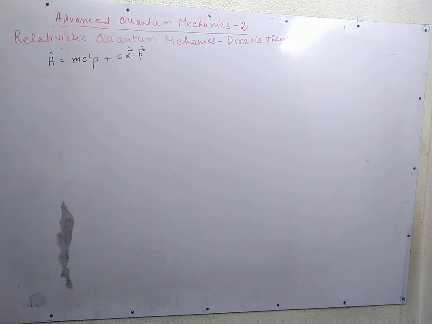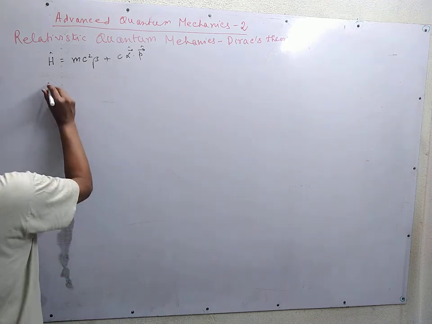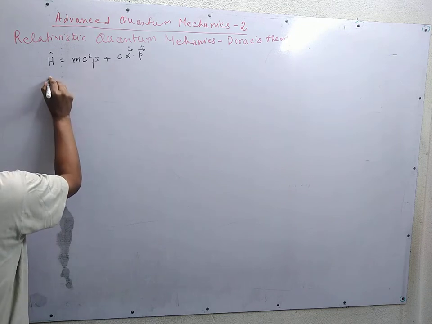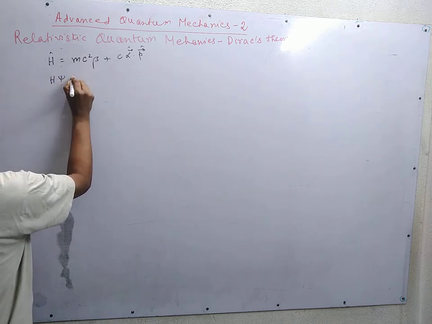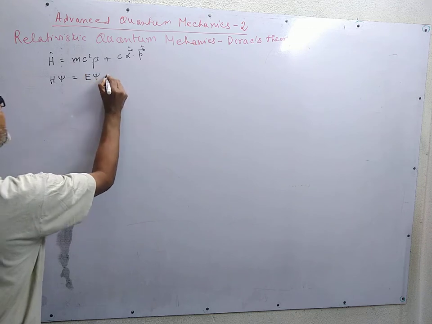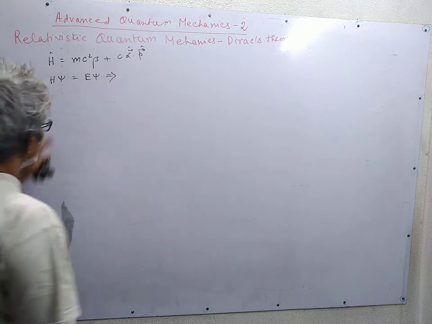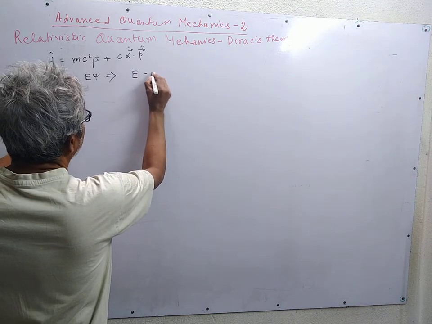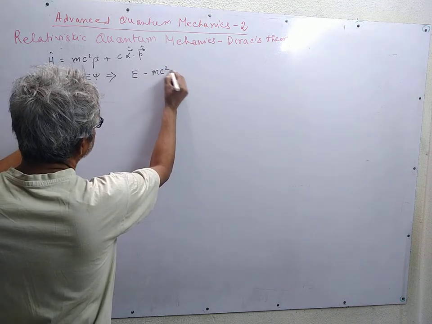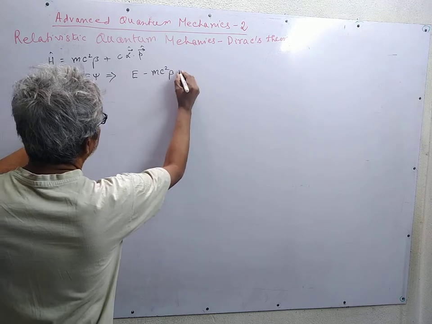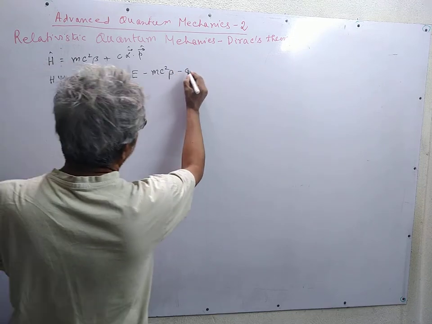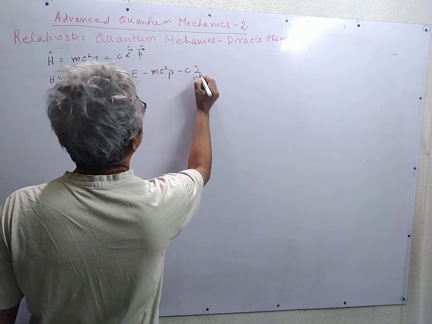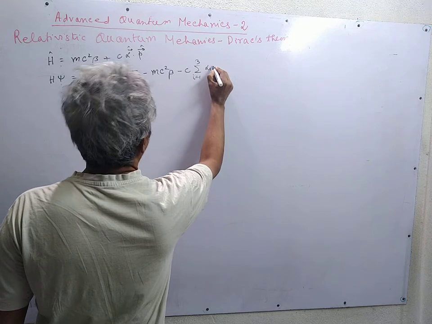If we prescribe the Schrödinger equation, H psi is equal to E psi, which gives us the equation E minus mc square beta minus c summation over i equal to 1 to 3 alpha i p i, acting on psi, is equal to 0.